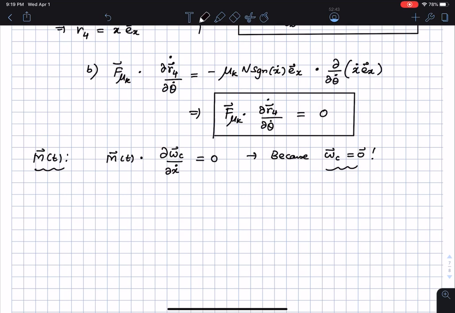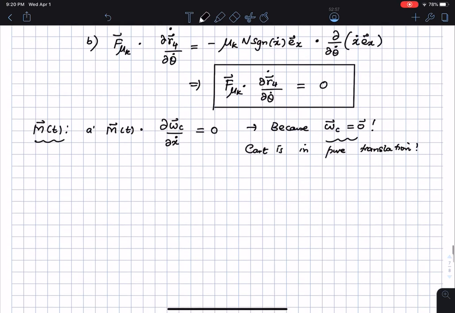The cart is in pure translation. Okay, and then that's A. Then I have B, m of t dotted with d omega of the pendulum by d theta dot, which is going to be m of t e z dotted with d by d theta dot.